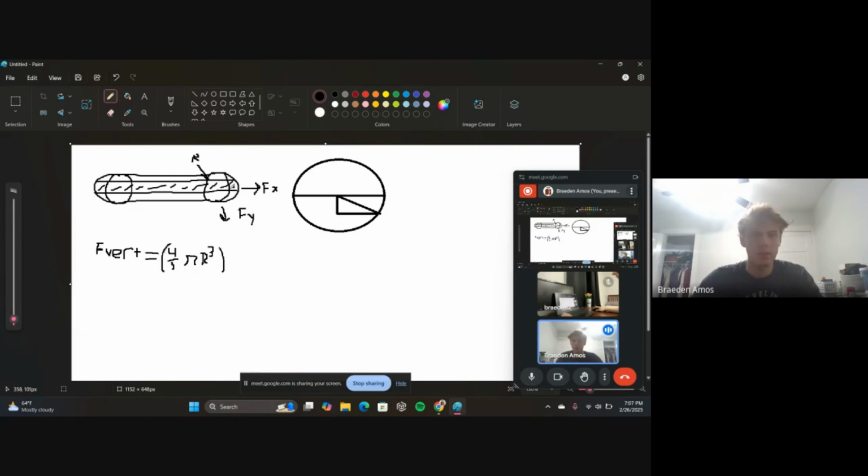And since we only have 1/4 of the sphere, we're going to multiply that by 1/4. And also times rho g.